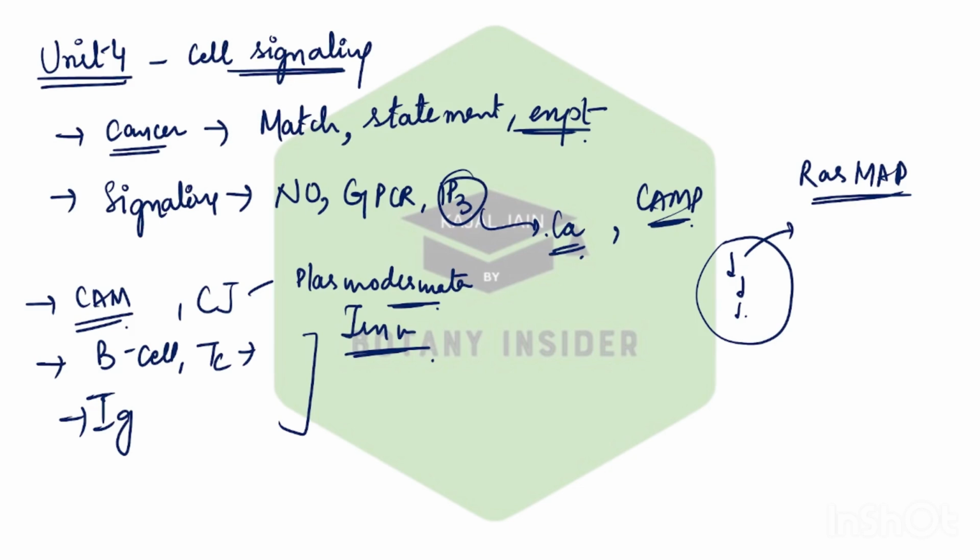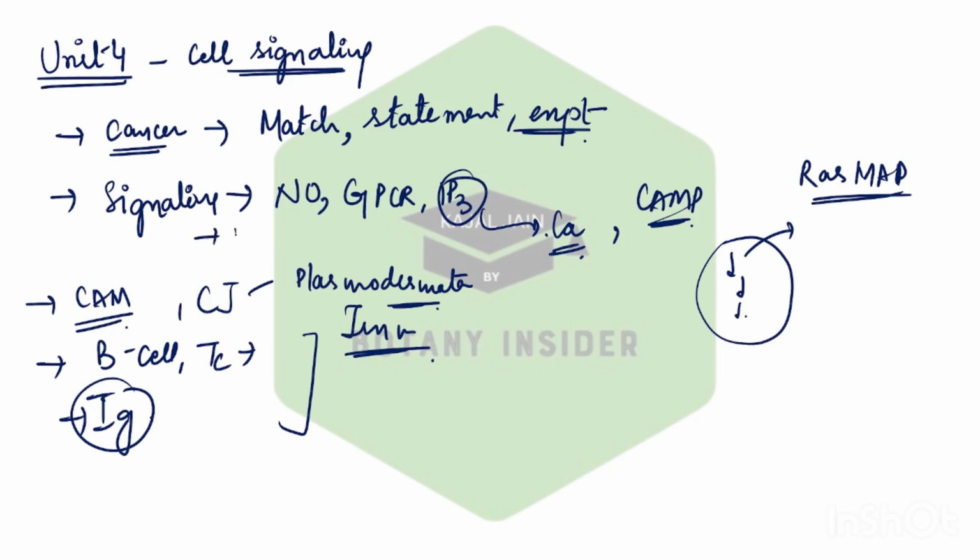You need not prepare the entire topic. Even if you find immunology a bit difficult, I would still suggest you not leave out the properties of B cell, T cell and immunoglobulins altogether, right? So remember this as well.